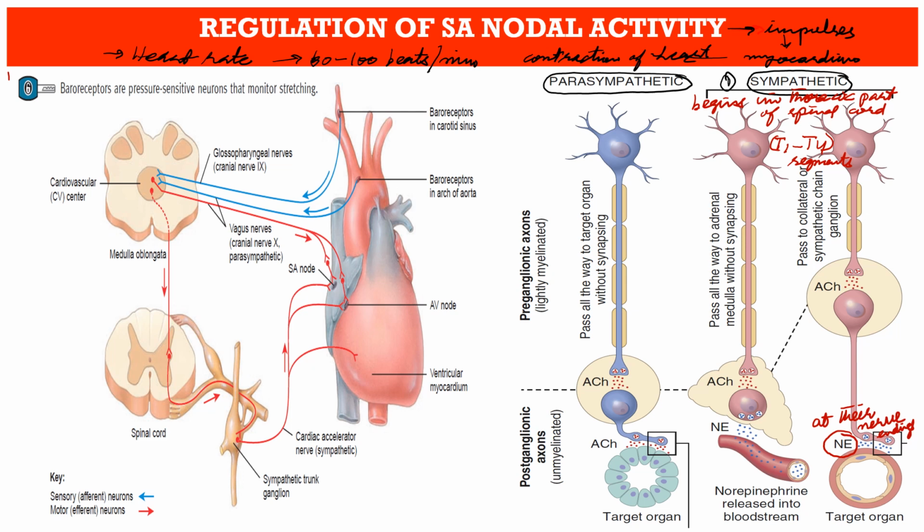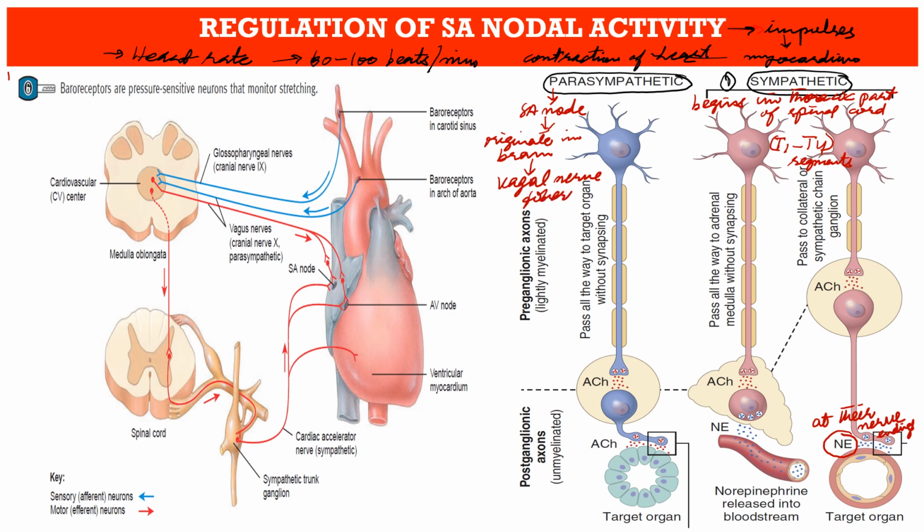while the parasympathetic nerves supplying the SA node originate in the brain and pass along vagal nerve fibers.